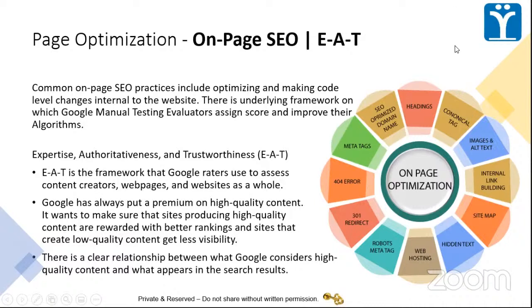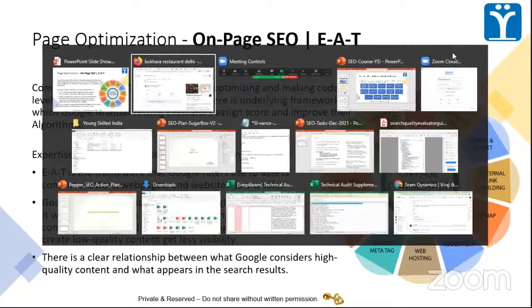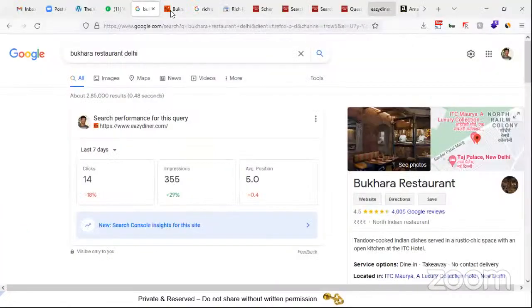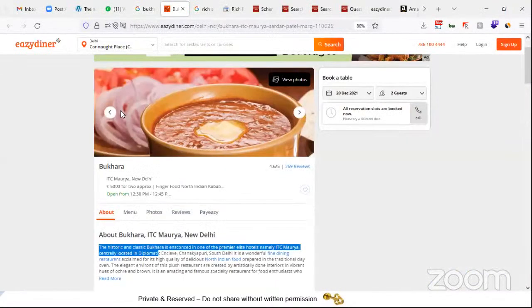And then images and alt text. Whenever you have an image, there is a concept of image optimization as well. We try to have the image name not just img12345.jpg, but explaining the actual image.